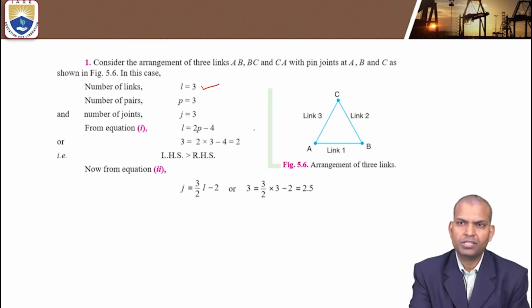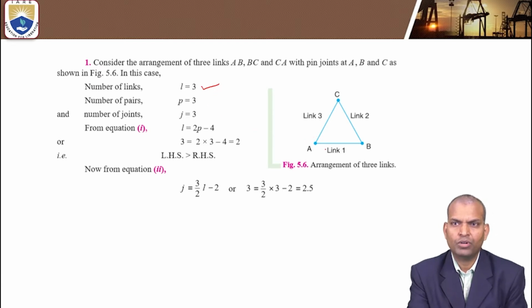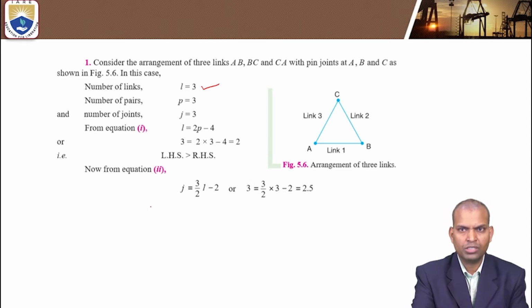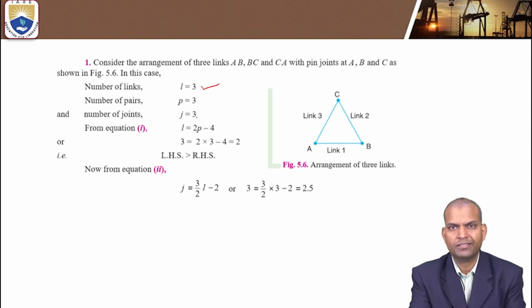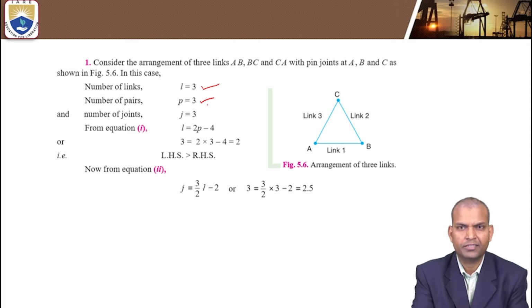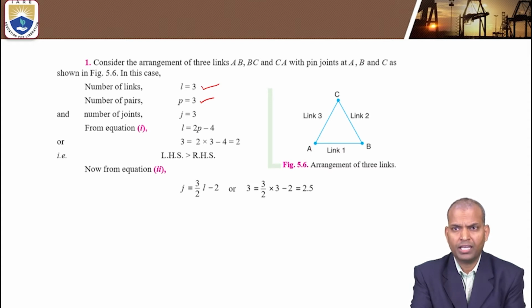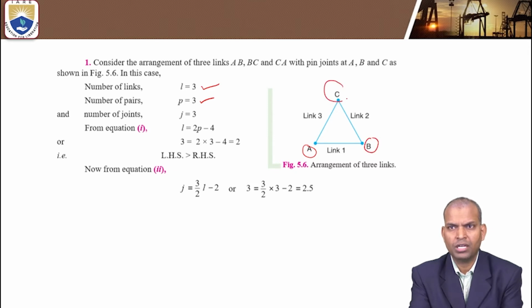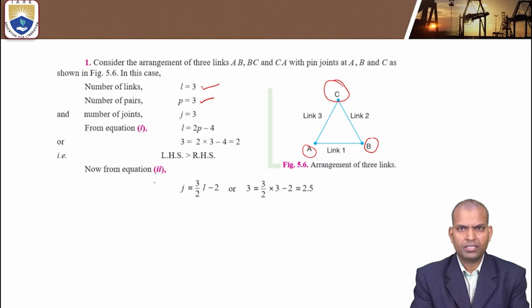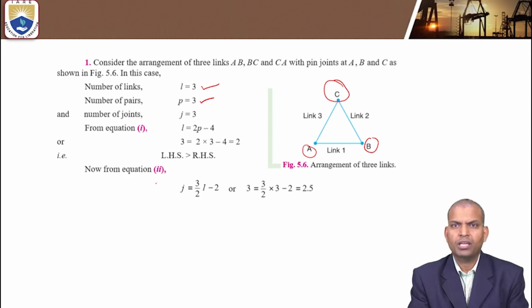How many pairs are here? Link 1 and 3 is one pair, link 3 and 2 is another pair, and link 1 and 2 is a third pair. There are 3 pairs. And how many joints? Link 1 and 3 are joined at A, link 1 and 2 are joined at B, and link 3 and 2 are joined at C. The number of joints in this figure is 3.